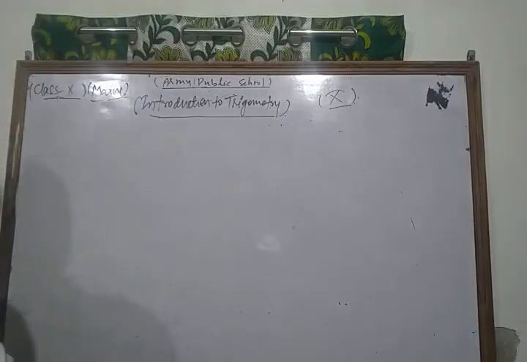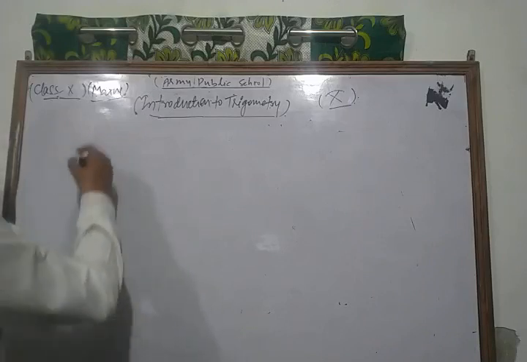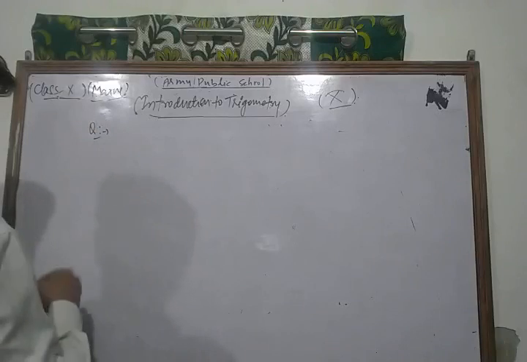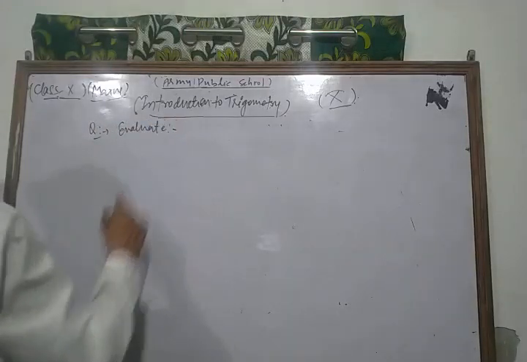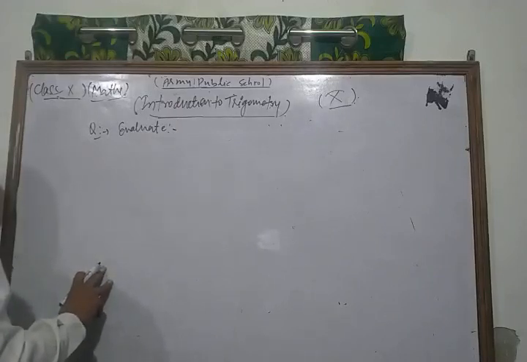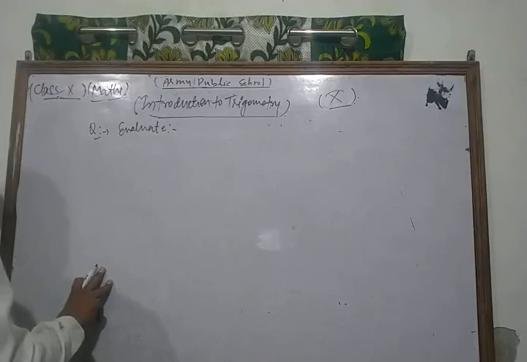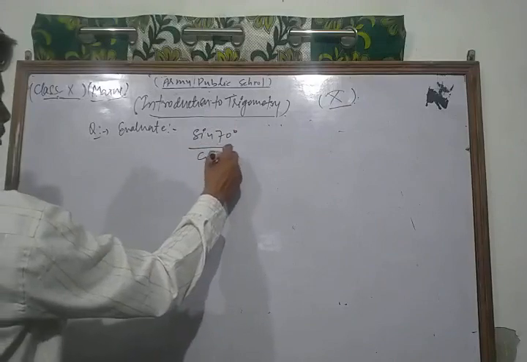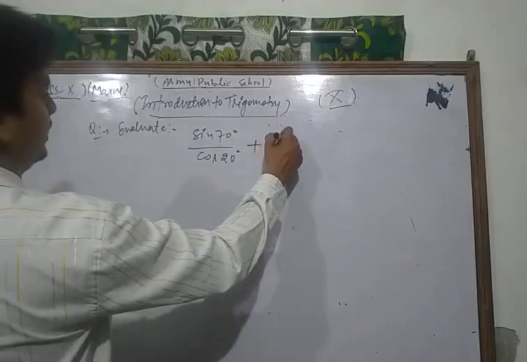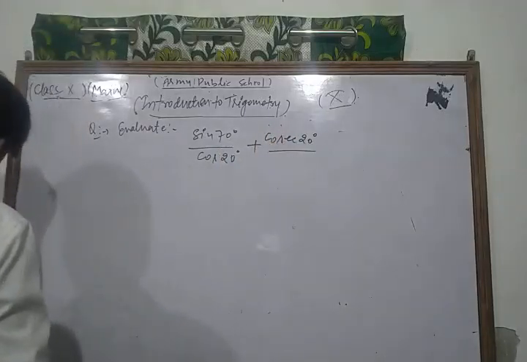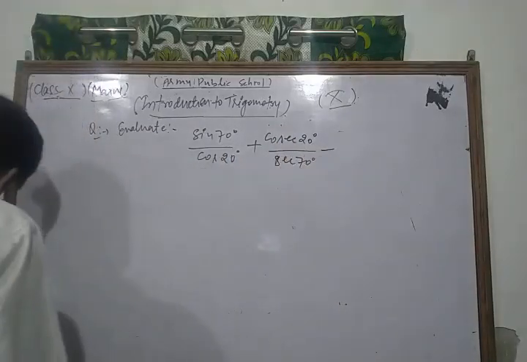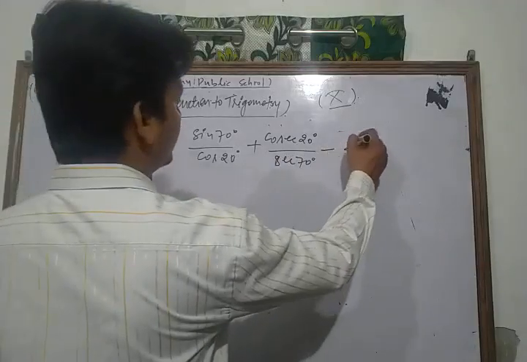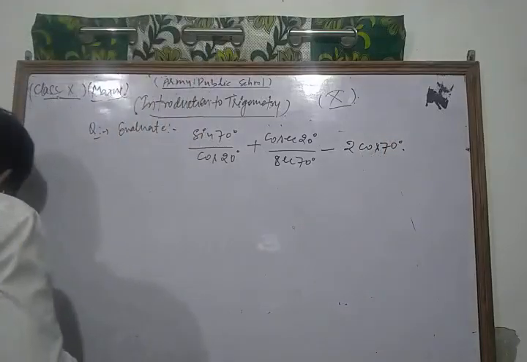Now we take and simplify. Your question is evaluate, and your expression is sin 70 degree upon cos 20 degree plus cosec 20 degree upon sec 70 degree minus 2 cos 70 degree into cosec 20 degree.